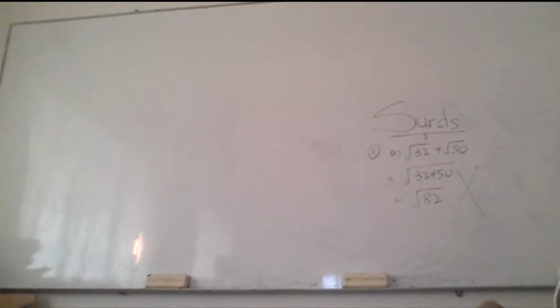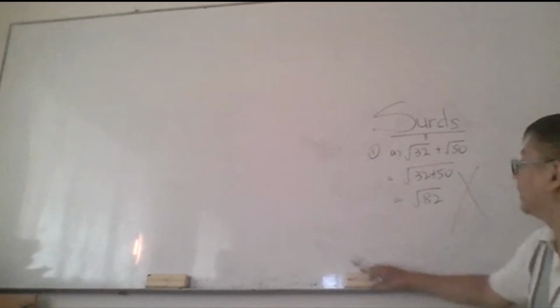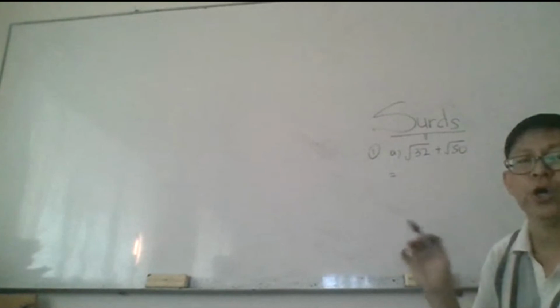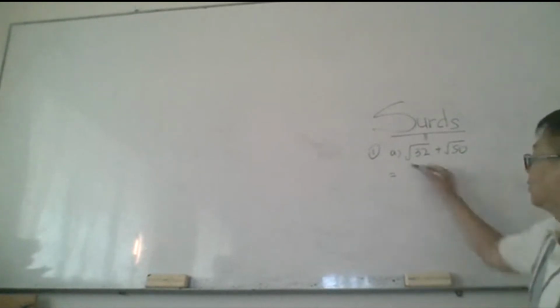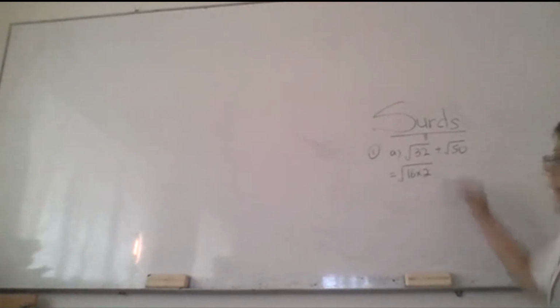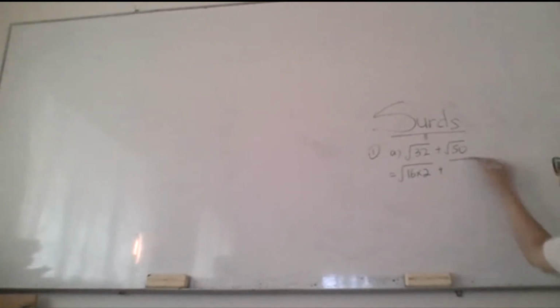This is absolutely wrong. What you can do is think about something called perfect square. We must think about the perfect square. So 32 will be 16 times 2, and 50 will be 25 times 2.